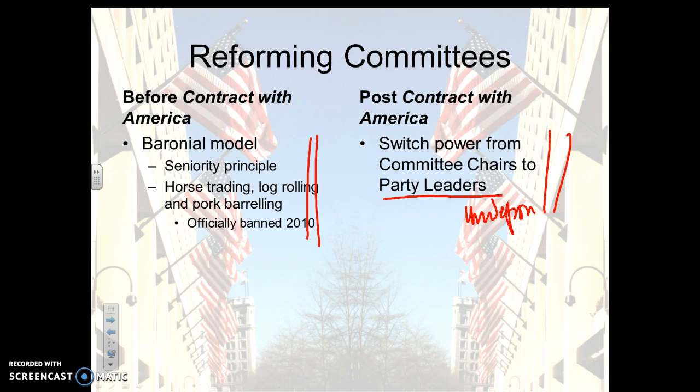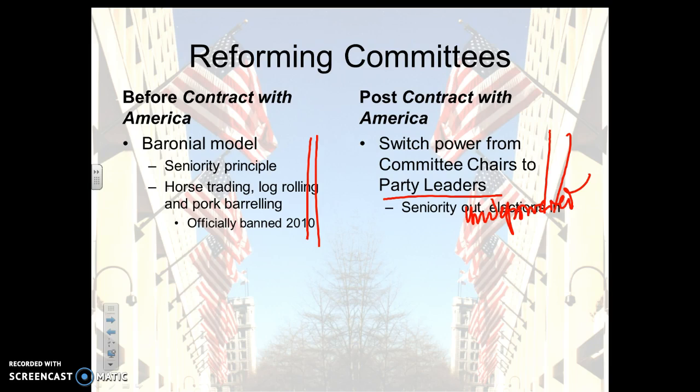They just don't have any resources. They find it very, very difficult to put people's feet in the fire. And so the switch from committee chairs to party leaders in terms of driving the legislative process kind of backfired spectacularly, I think is the best way to put it.